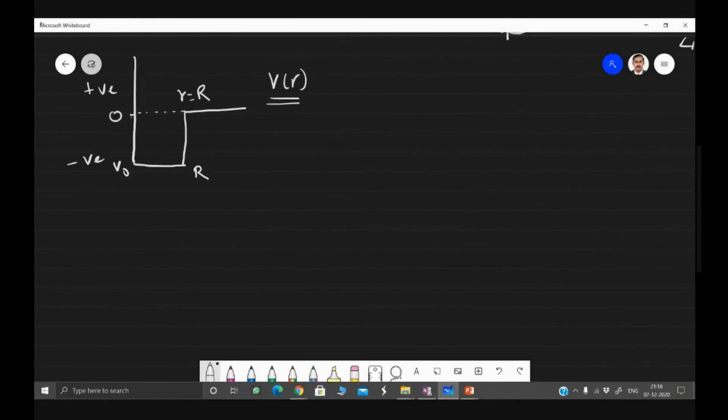Okay, so since this is a potential which we assumed depends only on the relative separation r, we can immediately write the equation of motion corresponding to this potential as minus h cross square by 2m into d square by dr square plus V of r is equal to E psi of r. So we are concerned only with the variable r, and the wave function is independent of theta and phi since the potential assumed is a central potential.